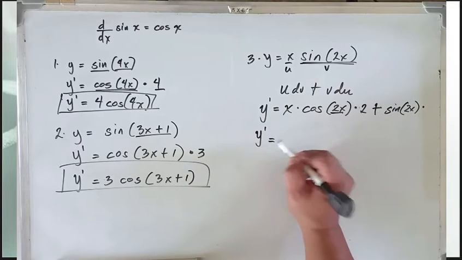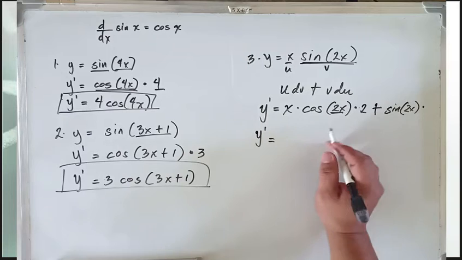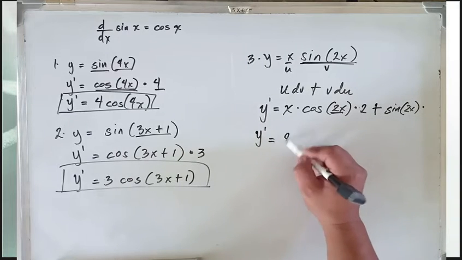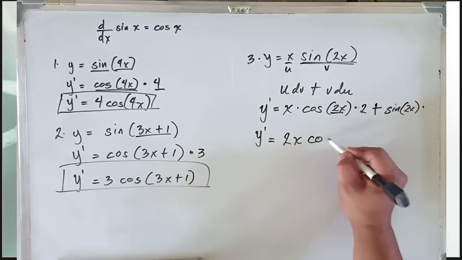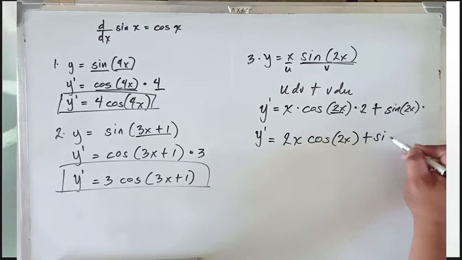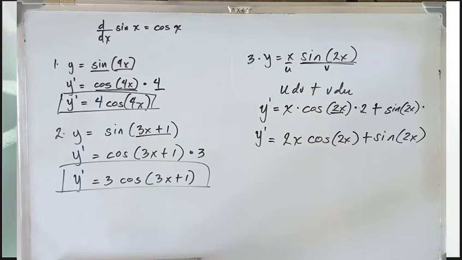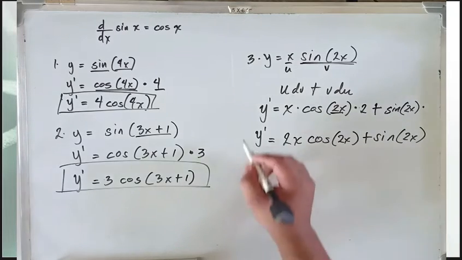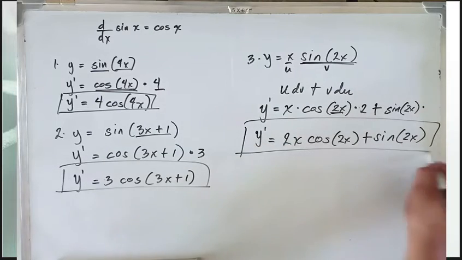So here we have y prime is equal to, let's rewrite, 2 times x, that's 2x times the cosine of 2x plus sine 2x. Okay? So that's the derivative.